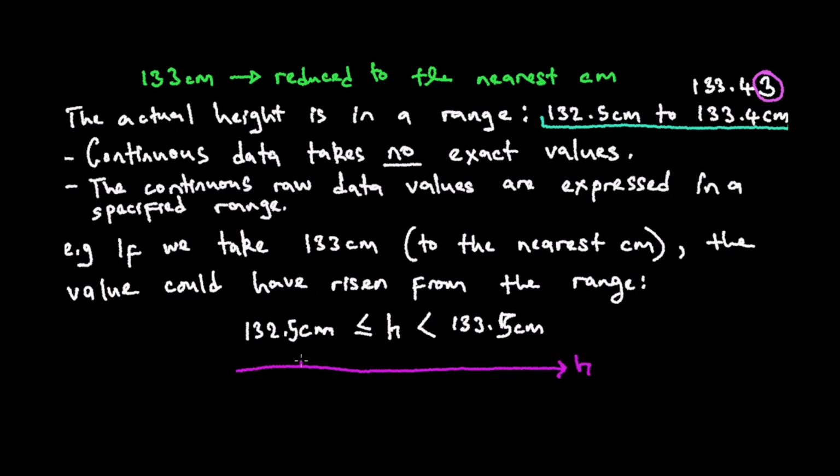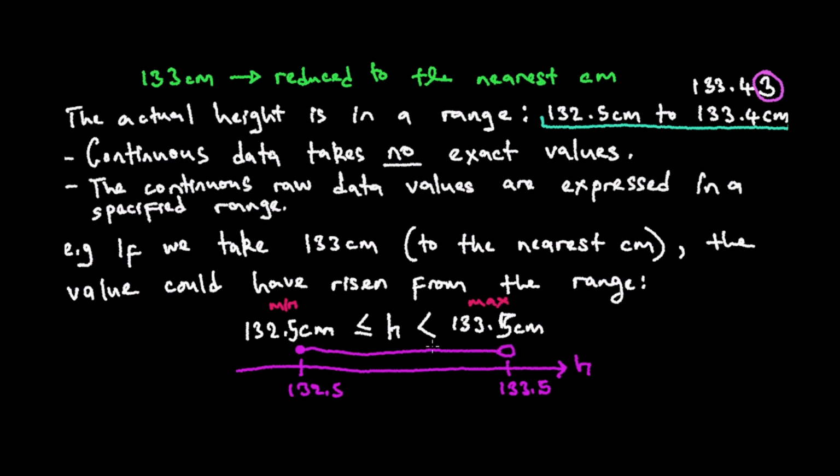for h we would have 132.5 and then 133.5. So 132.5 is the minimum. We should know that a range has a minimum and a maximum. The minimum is included, and the maximum, 133.5, is excluded.